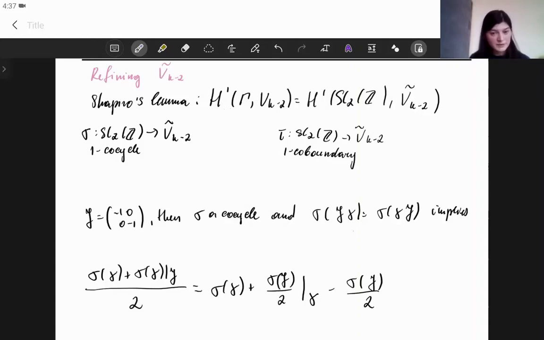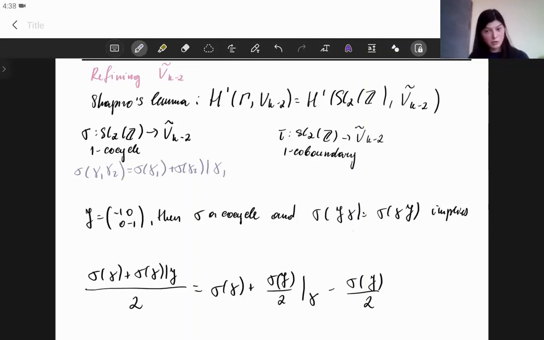So a map from SL2(Z) into V_{k-2} tilde. What does it mean for it to be a cocycle? The cocycle condition says that if we take sigma of gamma_1 gamma_2, we really get sigma of gamma_1 plus sigma of gamma_2, and then we slash with gamma_1.